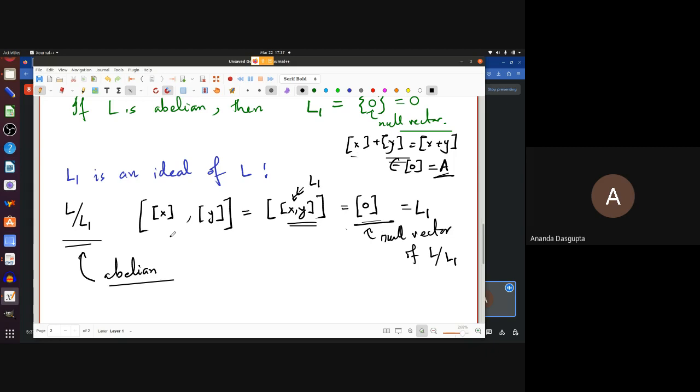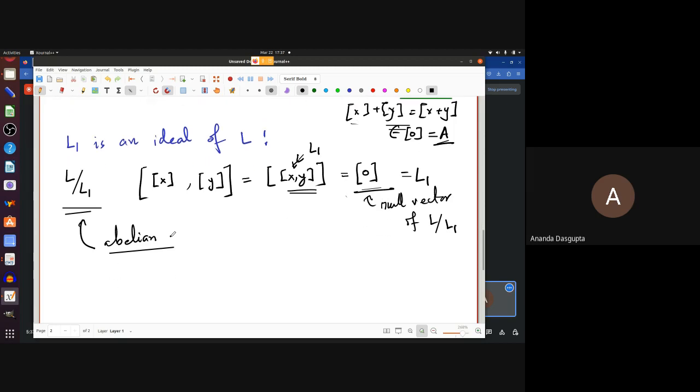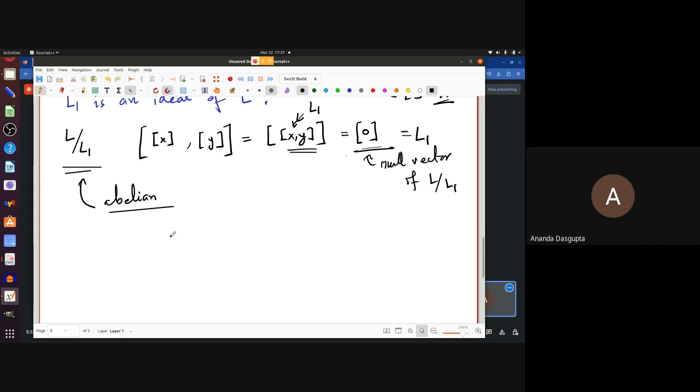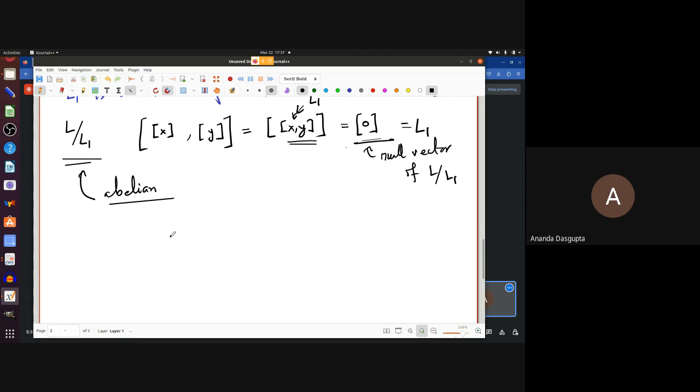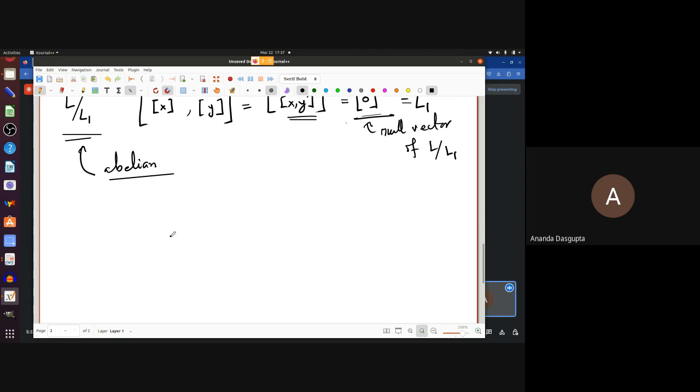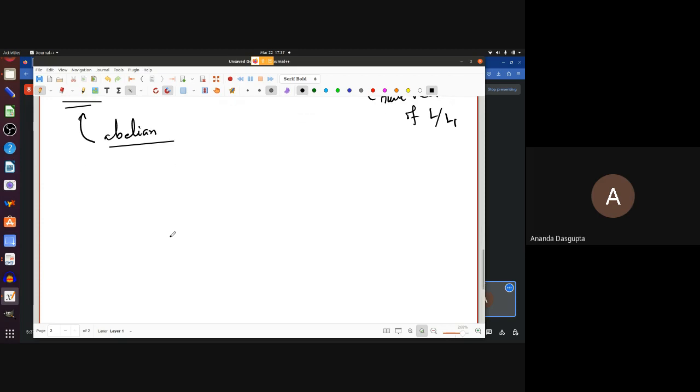Not only that, it is an ideal, and because it's an ideal, you can form the factor or quotient algebra, and that has to be an abelian algebra. Is that okay? Or at least it has to be an abelian algebra at this stage, right?